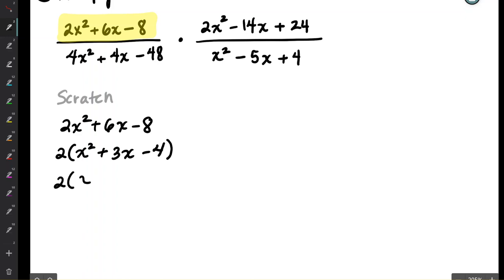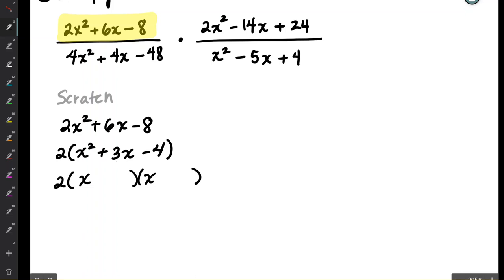And that's a game that I love playing. X times x gives me x squared, and now I'm looking for two numbers that multiply together to give me -4 and add up to 3. I know one's positive and one's negative because they multiply together to give me a negative, and I know the larger number is positive because they add up to a positive.